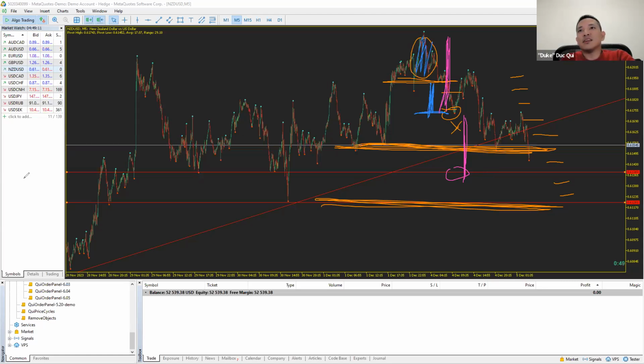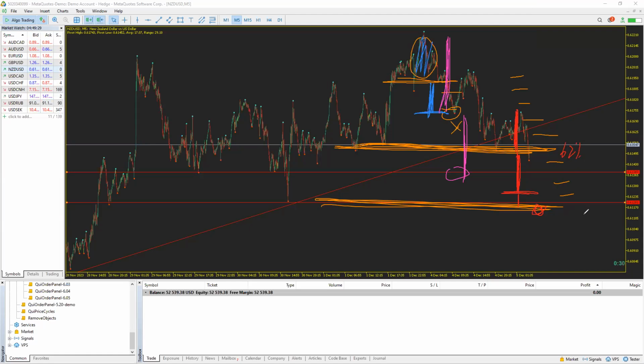Okay. And then look at this. You see this move? 50%. Stretch it for a little bit, and what this now becomes is 62%. And this is your fibs. You will see the fibs all over the place.